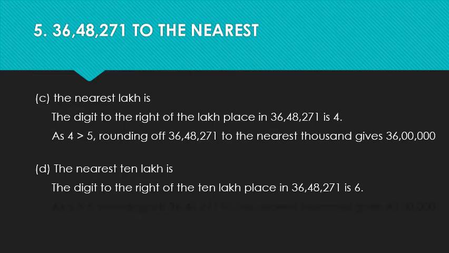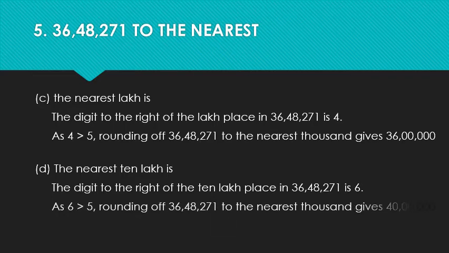So what will we do? We will add 1 to 3. So 3 plus 1 will become 4. So now the digit at the 10 lakh place will be 4, and all the digits to the right of the 10 lakh place will be replaced by 0. So rounding off 36,48,271 to the nearest 10 lakh gives 40 lakhs as the answer.